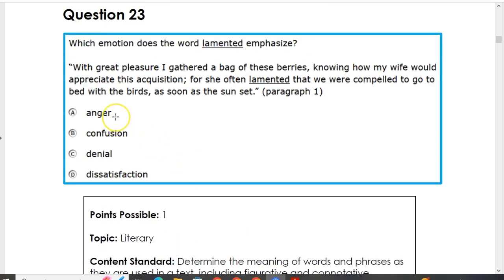So, we have A, anger, B, confusion, C, denial, or D, dissatisfaction. Keep in mind, in these kinds of questions, just replace that lamented with the word. So first, she often angered, she often confused, she often was in denial, or she was often dissatisfied.